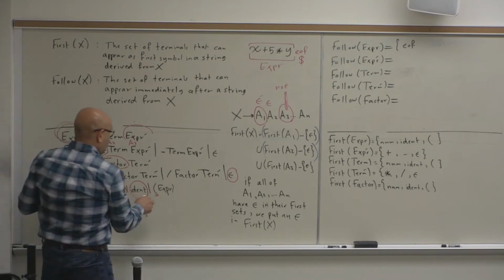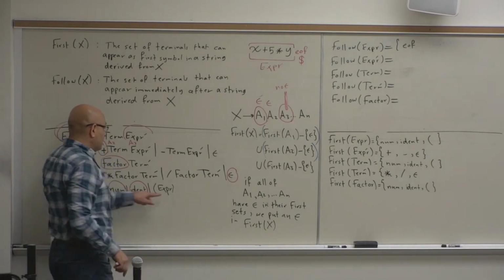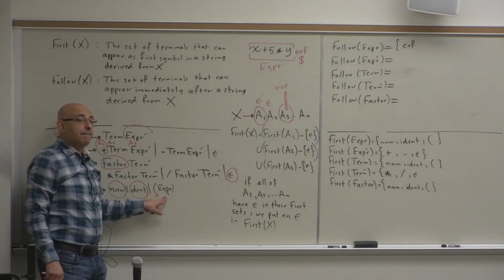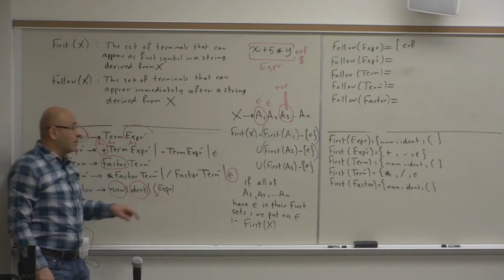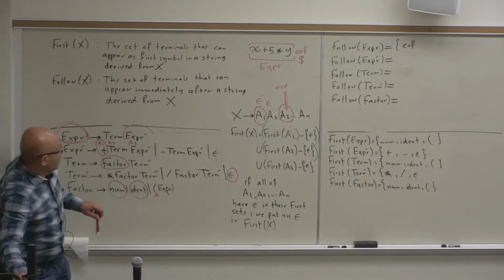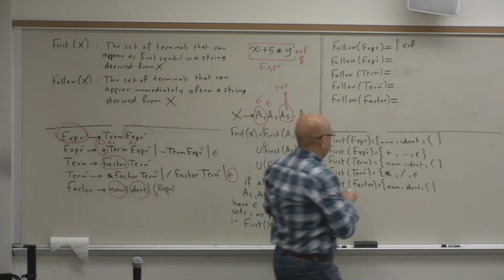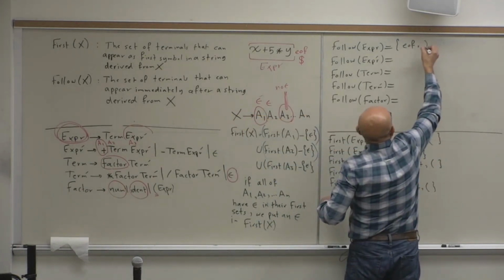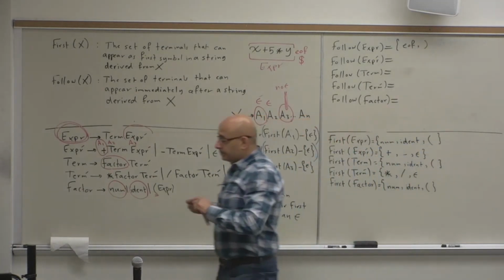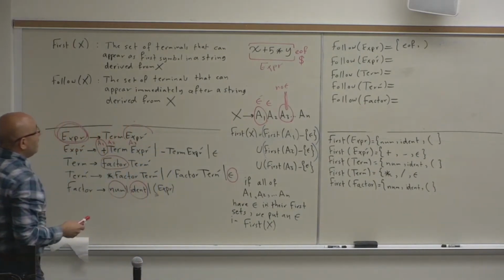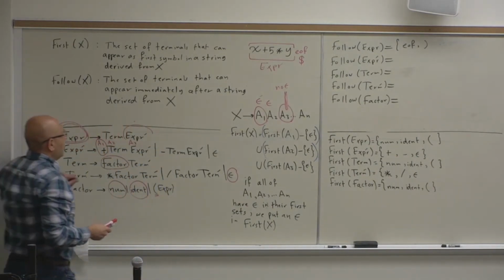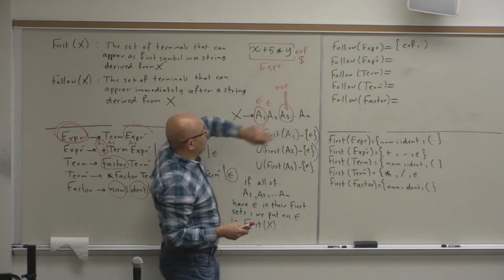In factor. What's that expression followed by? Yeah, it's followed by closed parentheses. So we add that as well. So an expression may be followed by an end of file or closed parentheses.